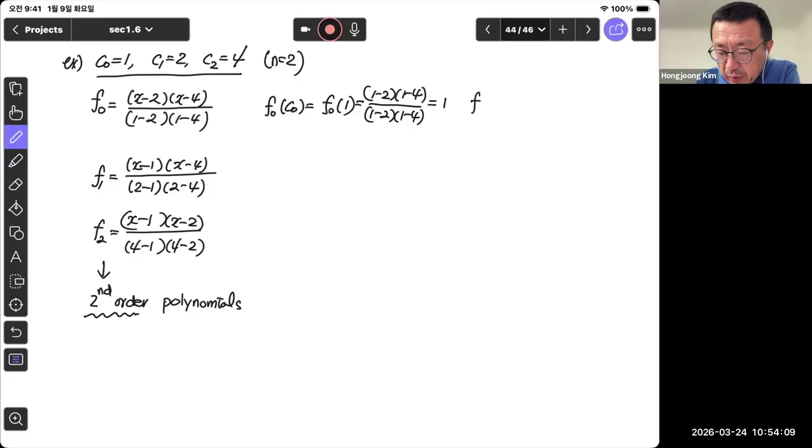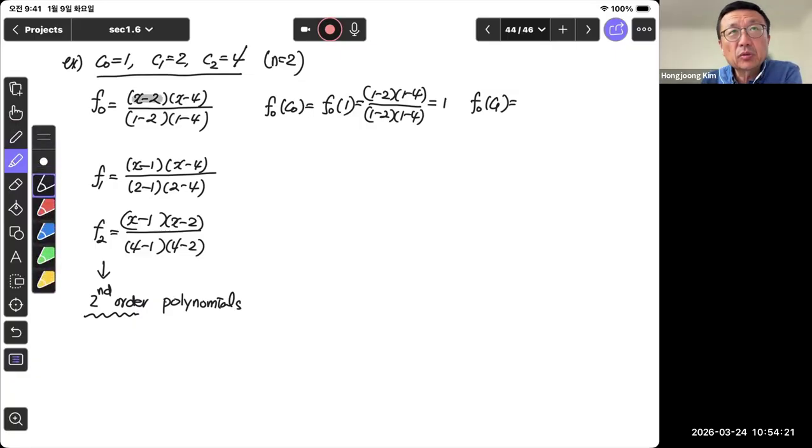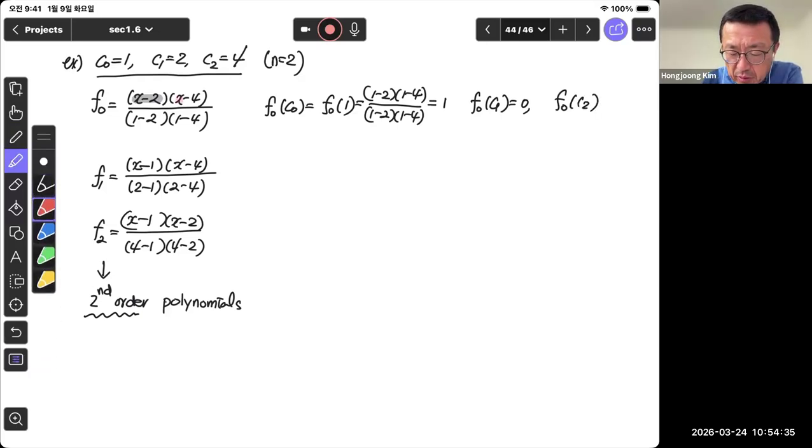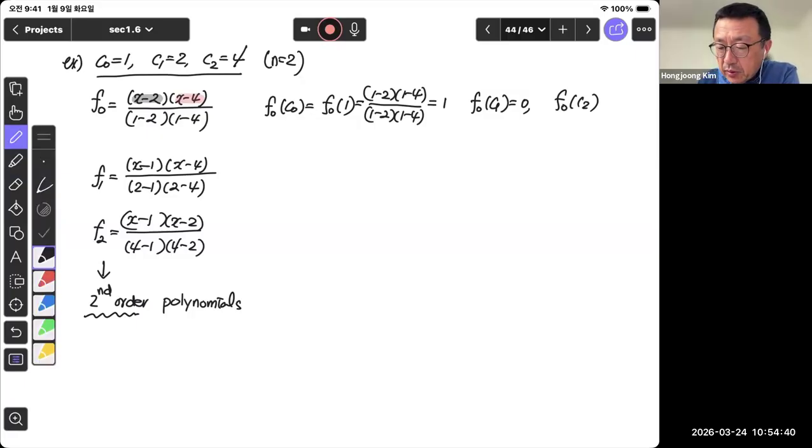If I plug in C1, what is C1? C1 is 2. When I plug in C1, the value of x minus 2 will be 0. So f naught of C1 will be 0. And what if I plug in C2, which is 4? Then x minus 4 will become 0, so this term will be 0 as well.